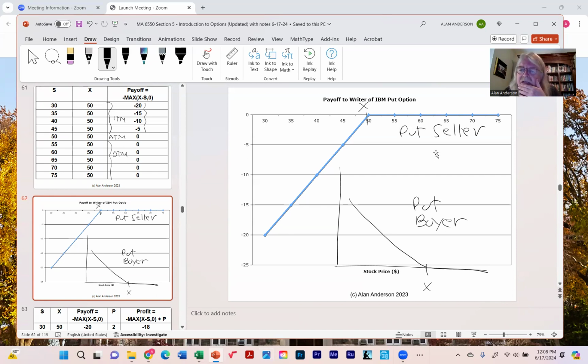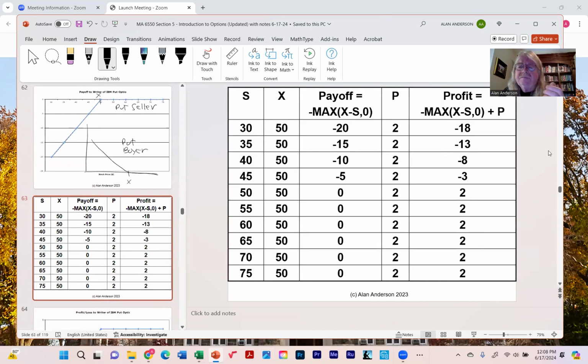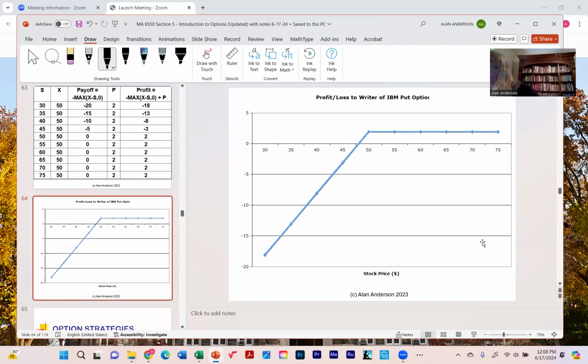But now again, we're going to take into account the premium that we received by selling this put, which was $2, if you recall. So we added $2 to the payoffs to get to these profits. And here's the final result.